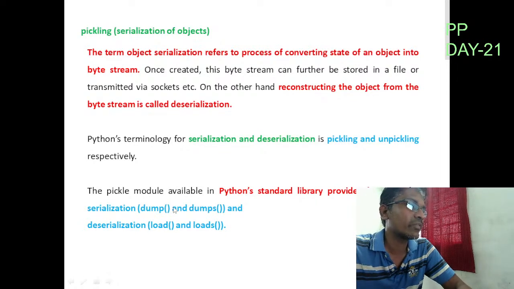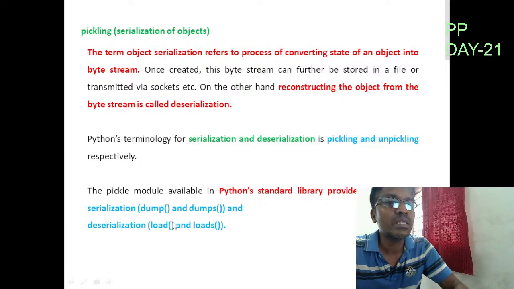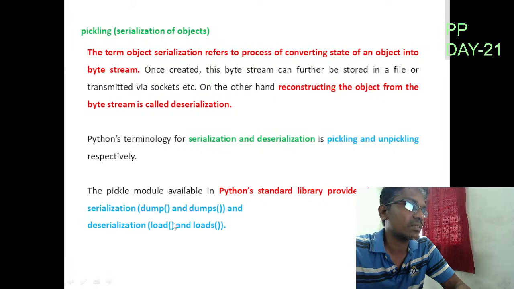These are very important topics, pickling and unpickling. Pickling is nothing but converting the text into binary format, and unpickling is nothing but converting the binary format back into text. That is reconstructing.